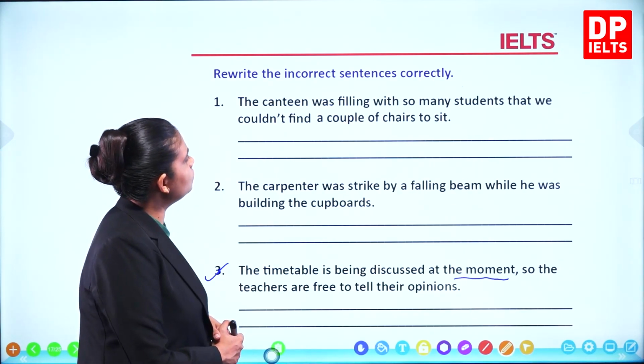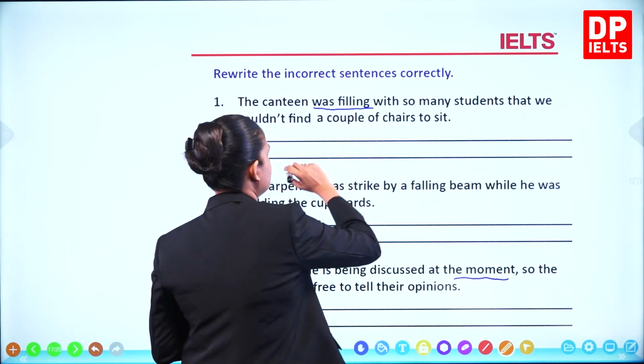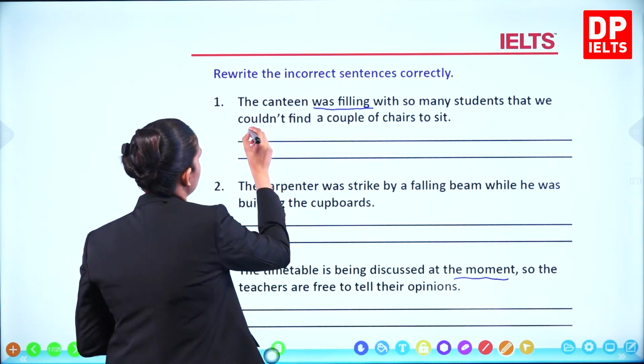The canteen was filling with so many students. Can you say the past continuous tense? No. How can we change it?